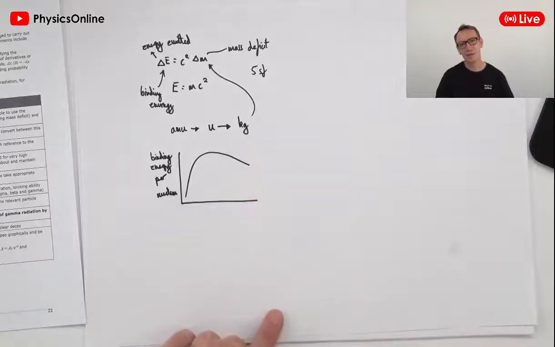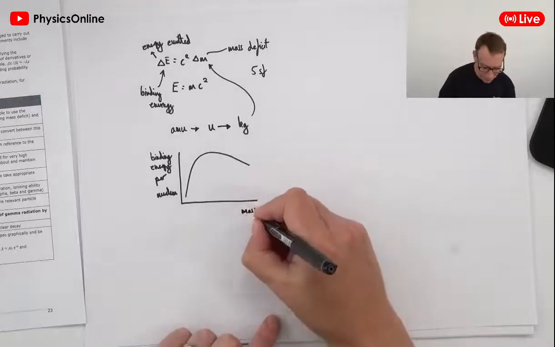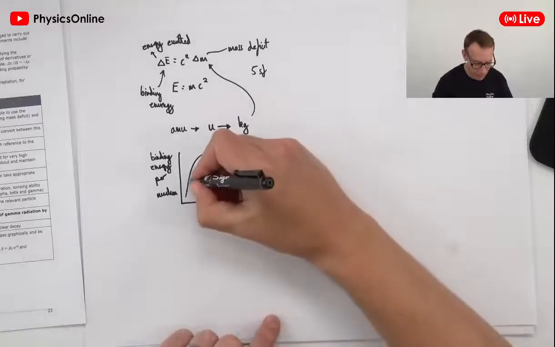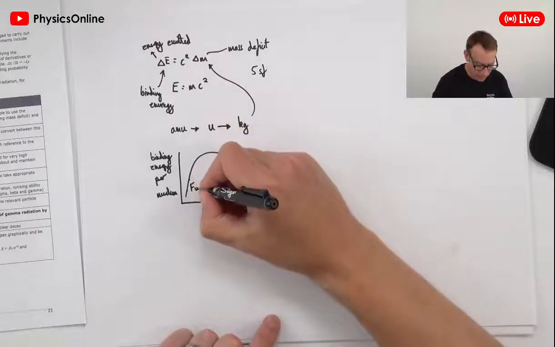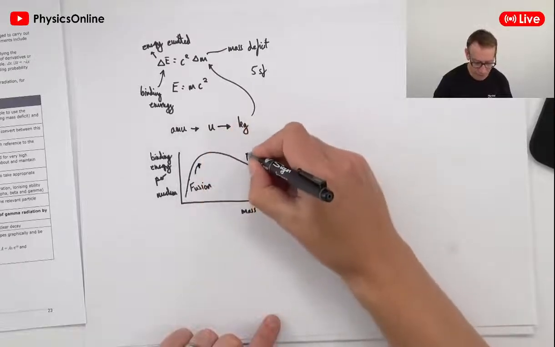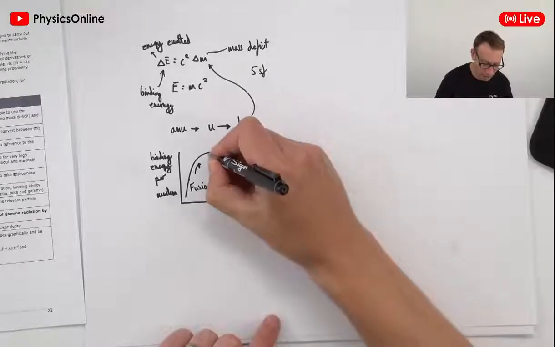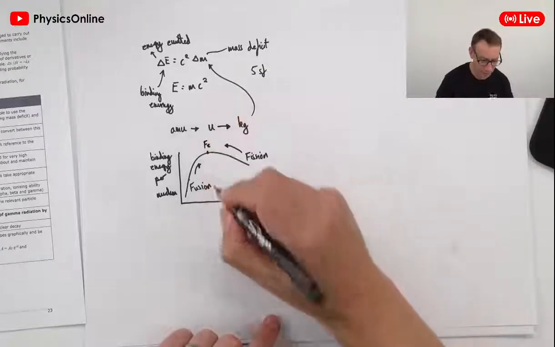Is it mass number or number of protons? I was going to put mass. Basically, things which are quite light tend to undergo fusion, and things which are heavier undergo fission. And the thing at the top is often iron.